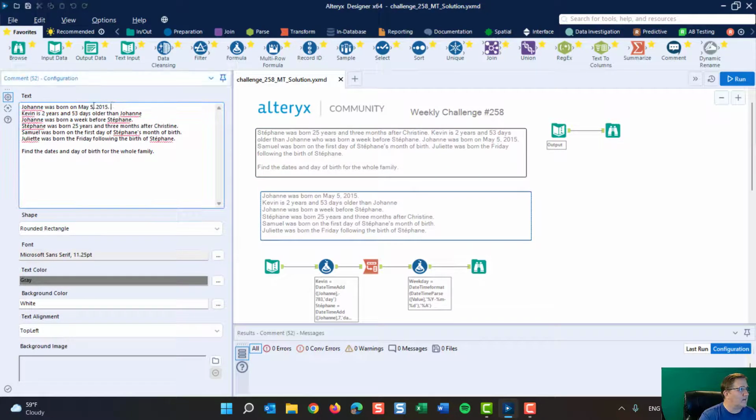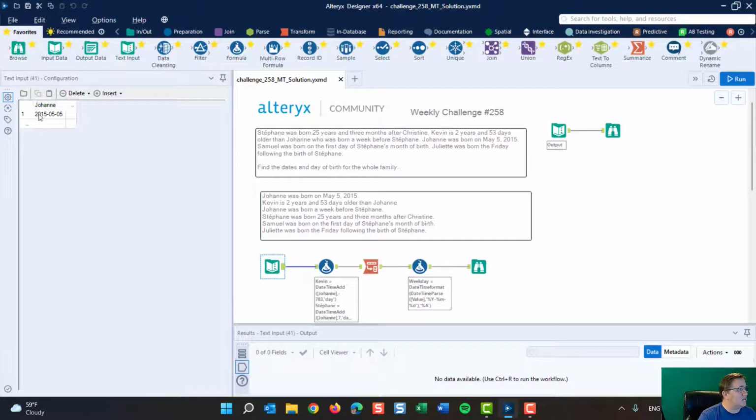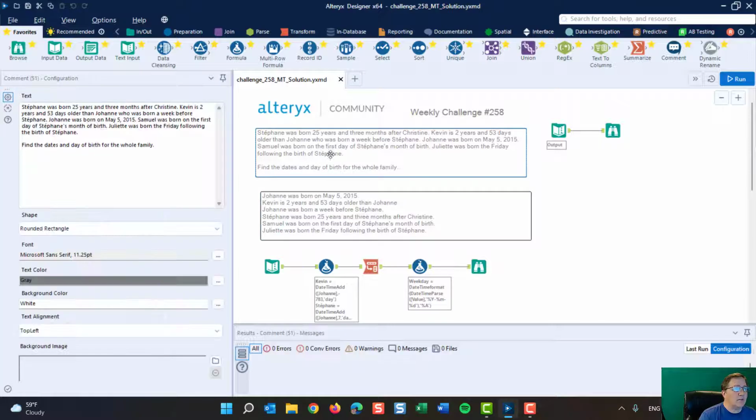And that is Johan was born on May 5, 2015, and that is what we're given in this box, right? Next, we look at it and go, okay, so we know what Johan is. Next, we need to see who's based on Johan. Okay, Kevin is 2 years and 53 days older than Johan. Boom. Kevin is 2 years and 53 days older than Johan.